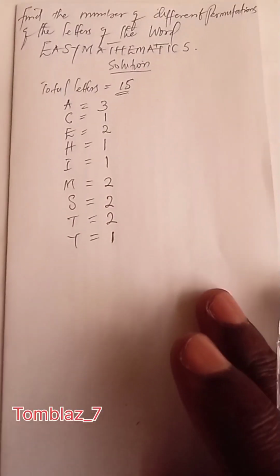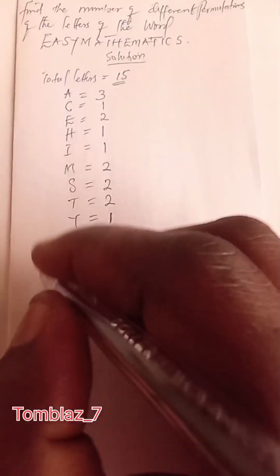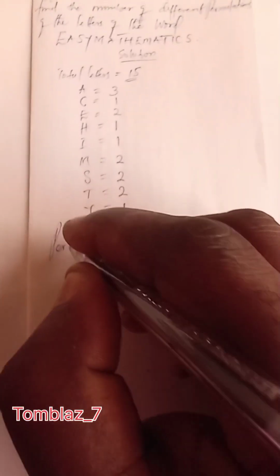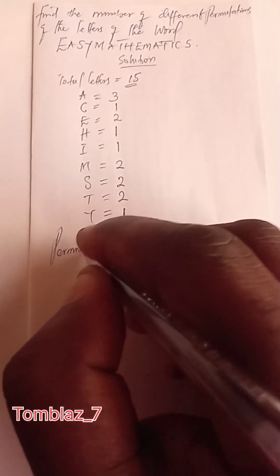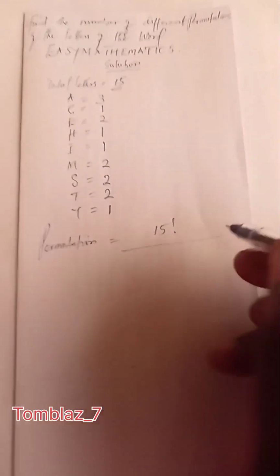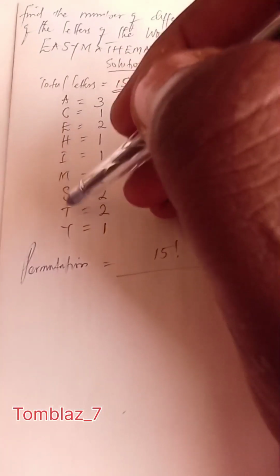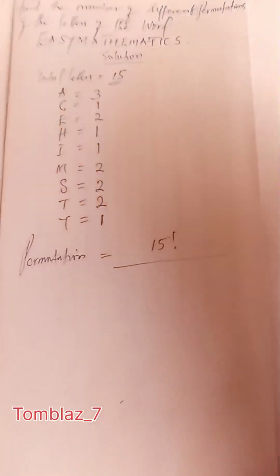So what we're going to be doing now is taking the permutation. We want to know the number of ways these letters can be arranged. So the permutations will be 15 factorial all over all of these letters factorial, A factorial, C, E, like that, based on the number of times that they appear.